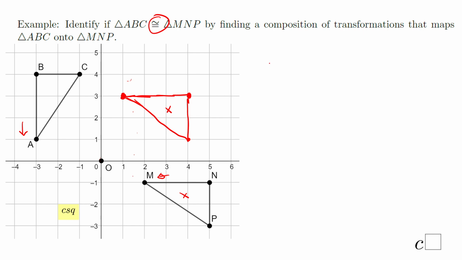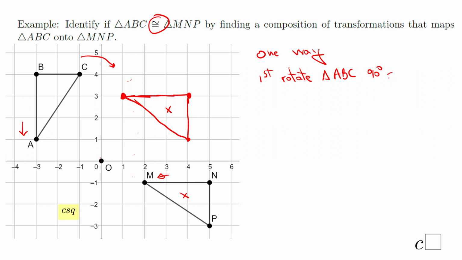So let me write here, one way, because there are multiple ways, will be first, rotate triangle ABC 90 degrees, and we move this way, right?